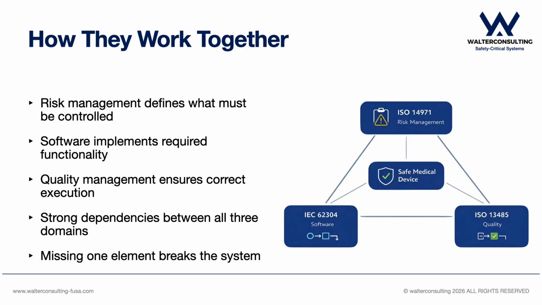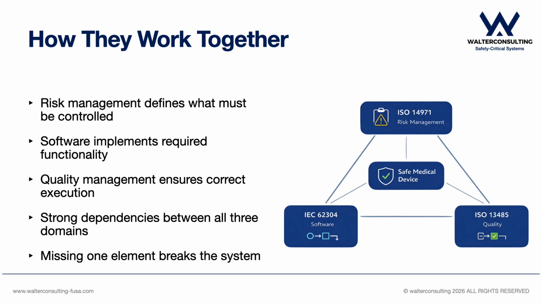So how do these standards actually work together? Let's think about this step by step. Risk management defines what is critical. It tells you what hazards exist and what must be controlled. Software implements these requirements. It turns safety requirements into actual system behavior, and quality management ensures that everything is done correctly and consistently.